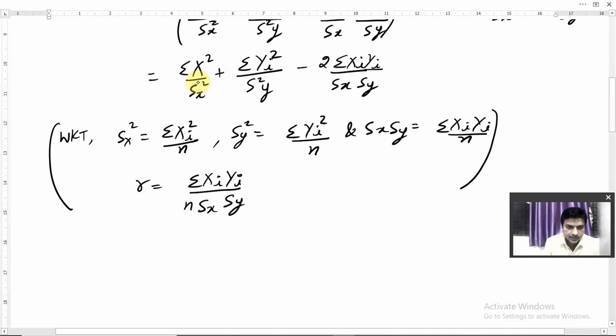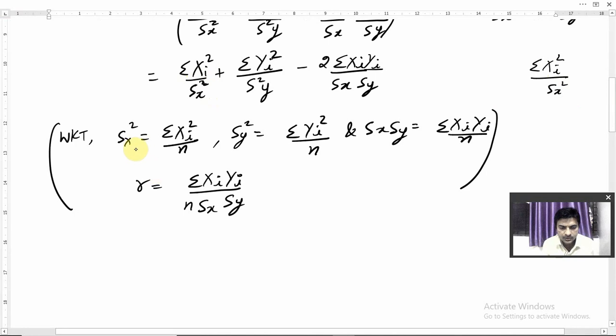Okay, let me simplify this. So you can see in here, summation xi square is there, divided by sx square is there. If you simplify this, I will show you on the right hand side in a minute. Here I have summation xi square divided by sx square.